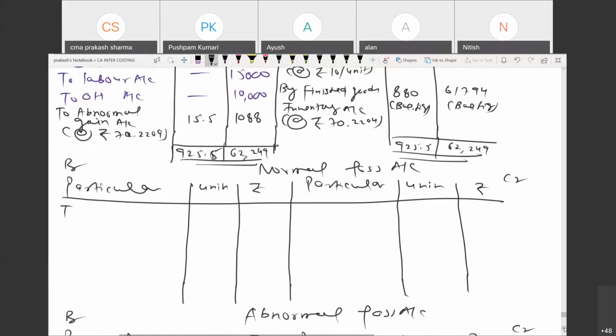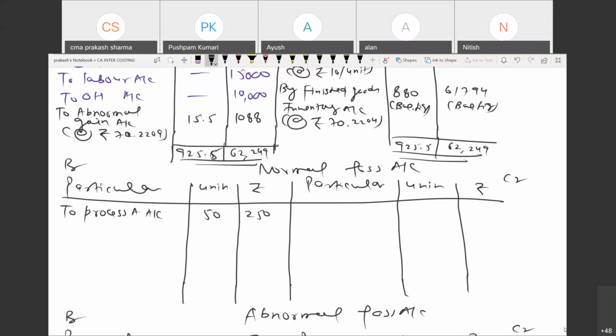First we write normal loss from process A. Normal loss from process A was 50 units, valued at the rate of rupees 5 per unit, so the amount becomes 250. Now the question is whether this normal loss of 50 units has actually occurred or not. In the first process, we experience abnormal loss.